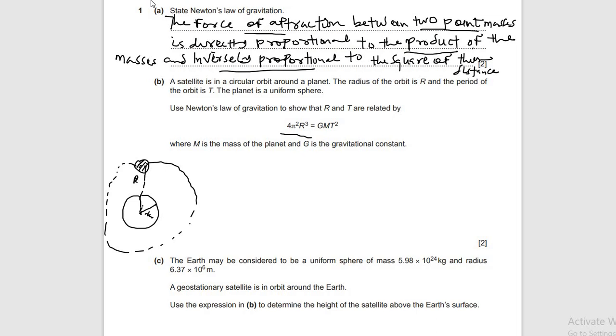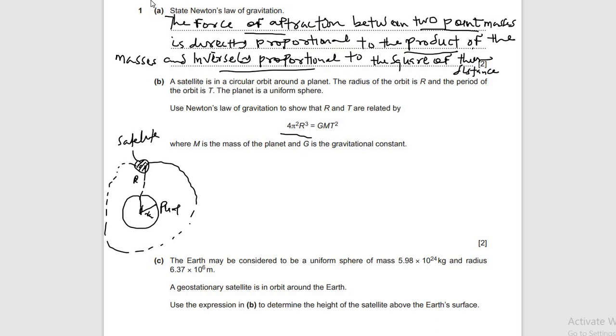The distance between this planet and the satellite, center to center, is R. So the satellite is orbiting this planet.